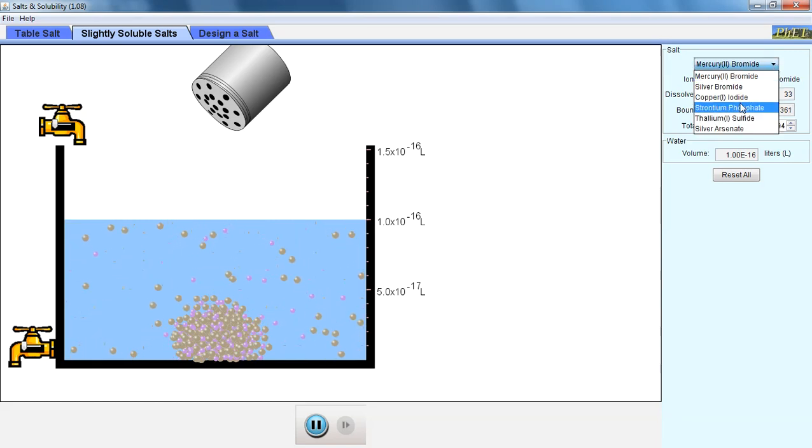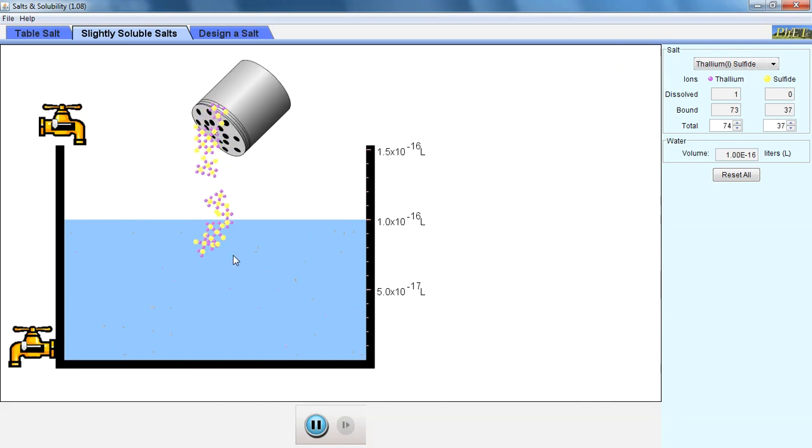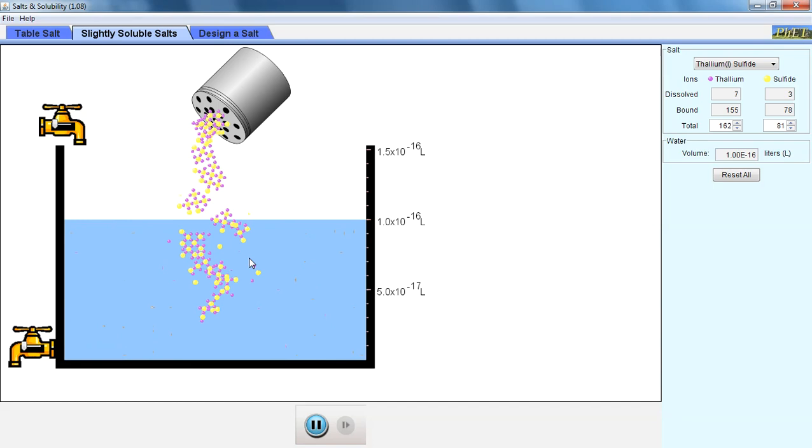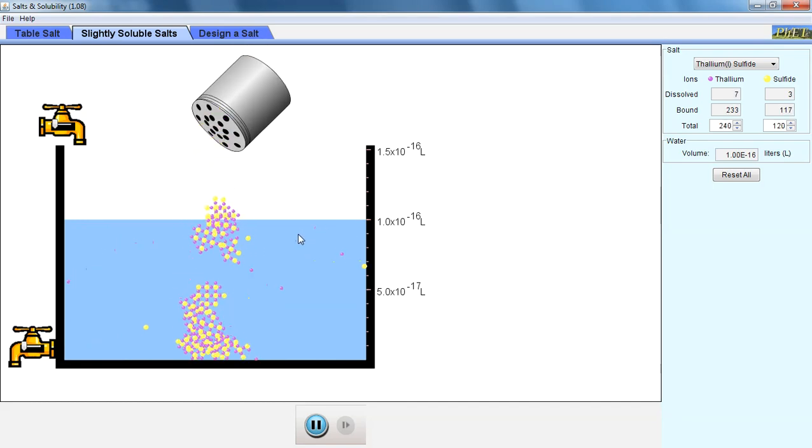If I swap it around, say thallium sulfide, this is now an A2B salt because sulfide is 2- and thallium is +1. You can see not very many ions at all in solution, and it's more or less a 2:1 ratio because it's Tl2S. So I have twice the amount of thallium in solution than sulfide.